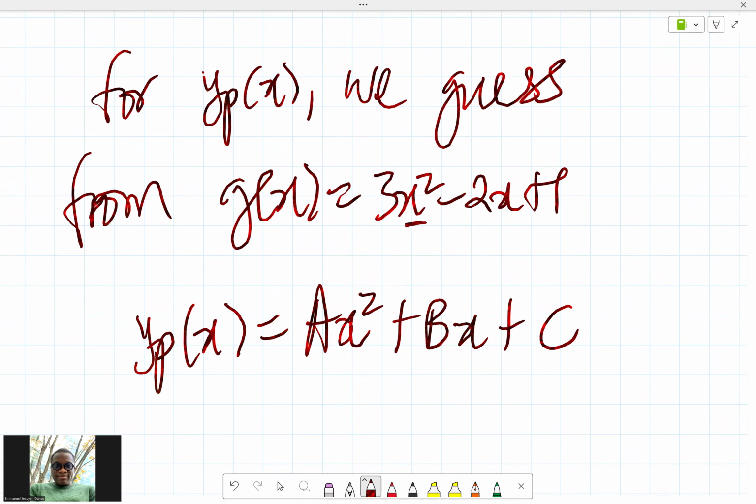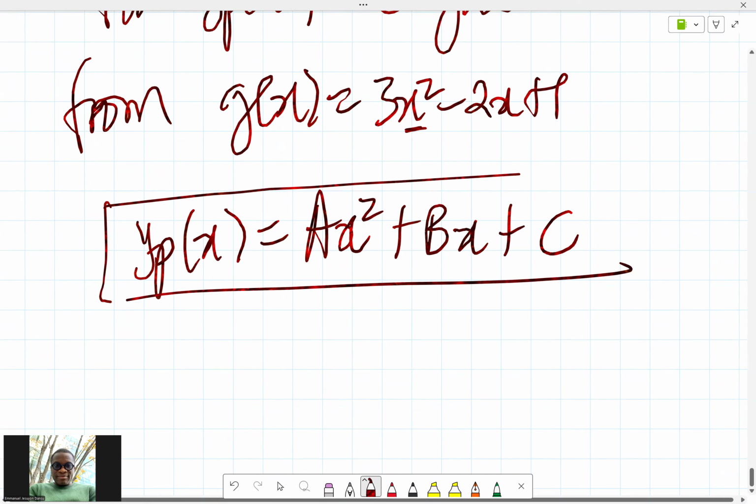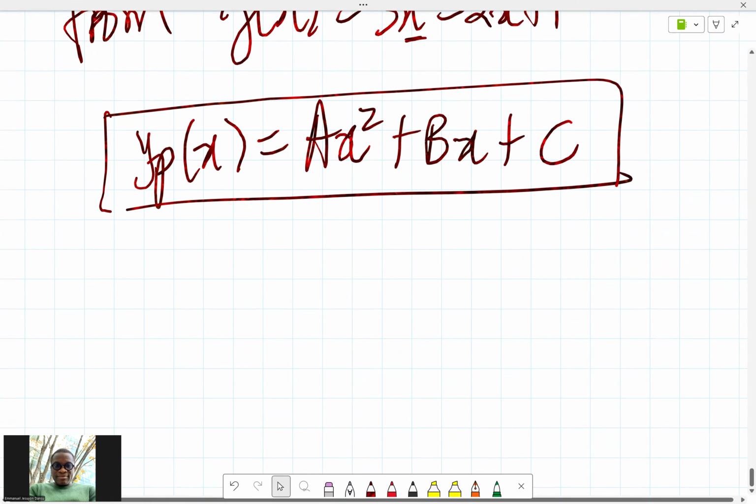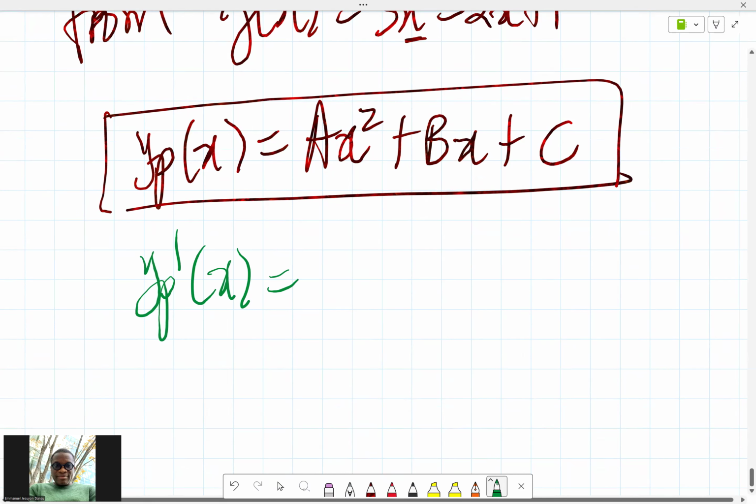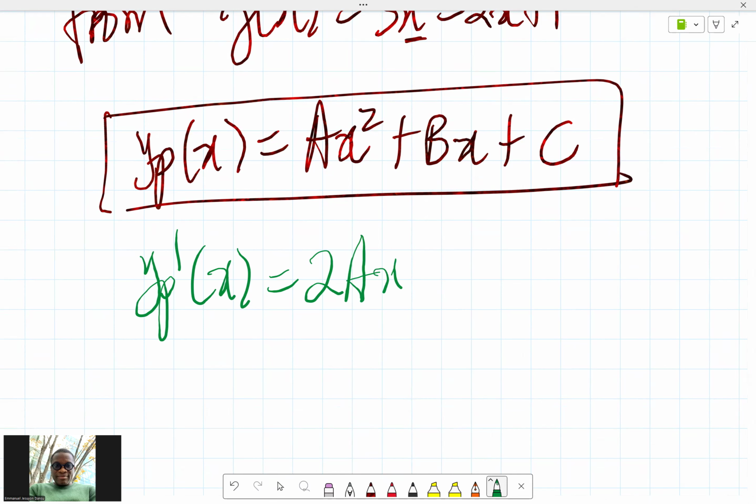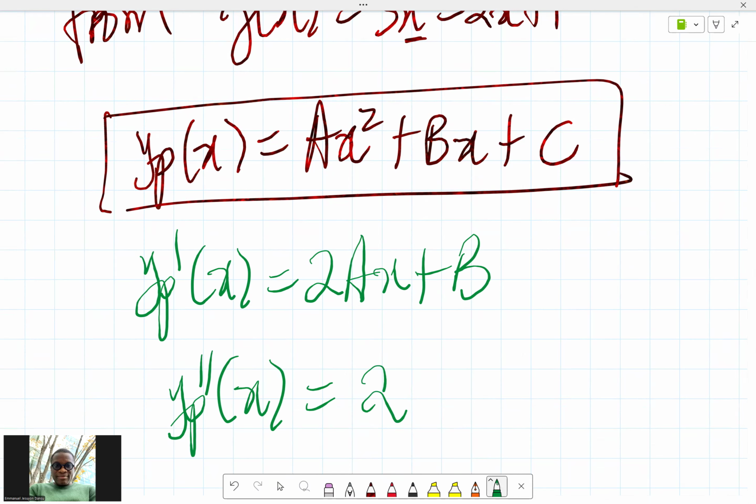So this is our guess in this case. So that means we need other parts like yp prime of x. When we differentiate with respect to x, we have 2ax. Then differentiate bx, we get b. So we also need yp prime prime of x, and that will just be 2a.